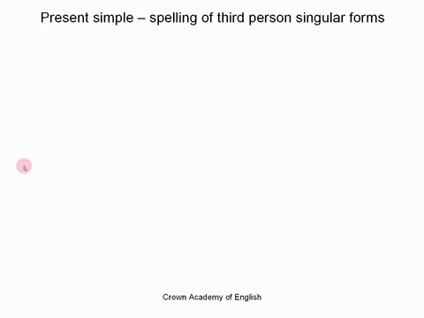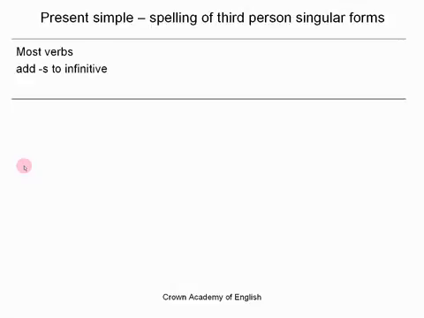So, as you can see on the title, so as I said on the previous slide, most verbs we simply add an S to the infinitive. So, for example, on the previous slide we have just seen it, we say he, she, it works. Okay, so we go from work becomes works.